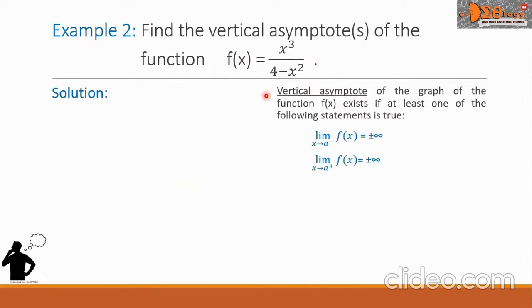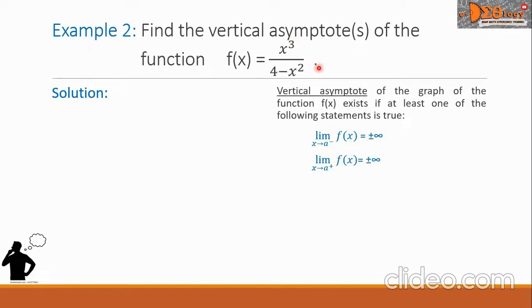We know that a vertical asymptote of the graph of the function f of x exists if at least one of the following statements is true, meaning the limit of the function must approach positive or negative infinity when x goes to a certain value a, either from the left side or from the right side.